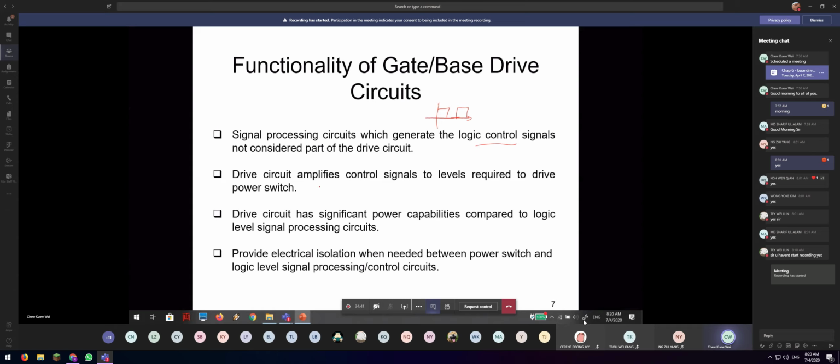So the drive circuit amplifies the control signal to the level required to drive the power switch. PWM is a part of the drive circuit, but the process to generate the PWM, for example in the chip itself, in the IC, is different.